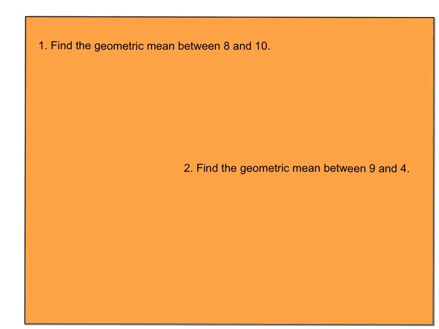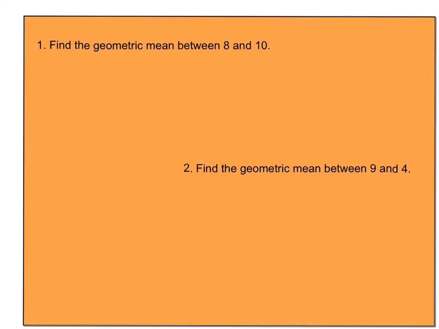So when they ask for a geometric mean, what you're looking for is realizing that you're just going to multiply the two together and then take the square root. So that is going to be the square root of 80.